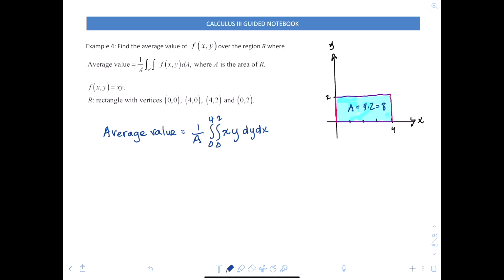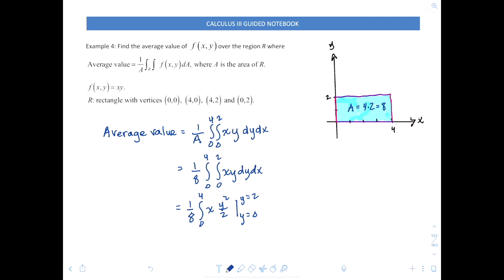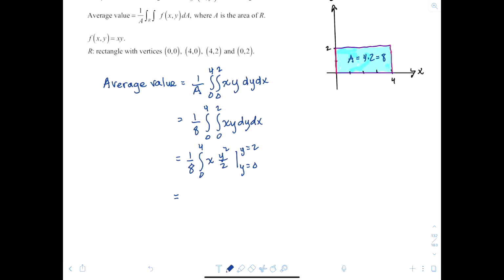And so this will end up being equal to 1 over 8, integral 0 to 4, integral 0 to 2, xy dy dx. And so that'll be 1/8 integral 0 to 4. I would end up getting x times y squared over 2, y being evaluated from 0 to 2. So I think that'll just be 2 squared is 4, 4 over 2 is 2, minus 0.